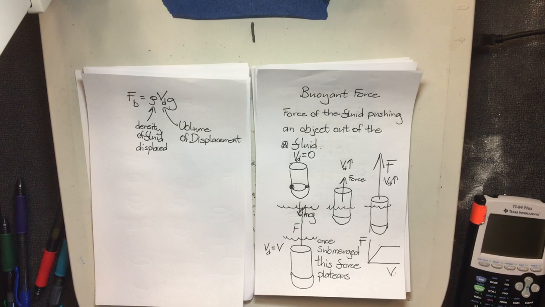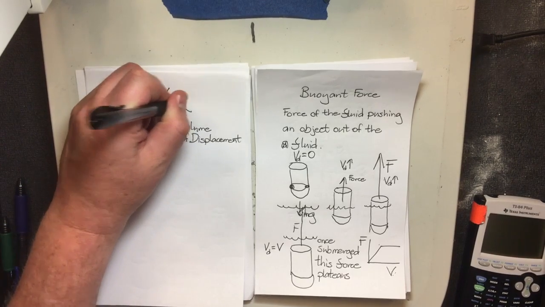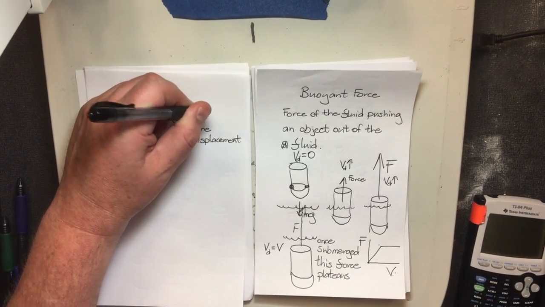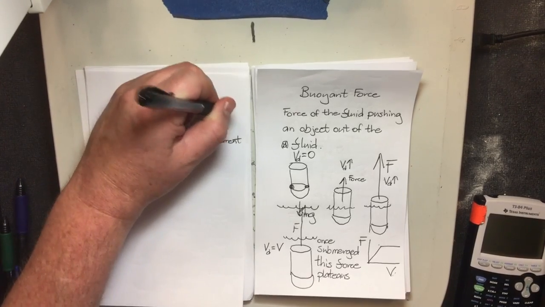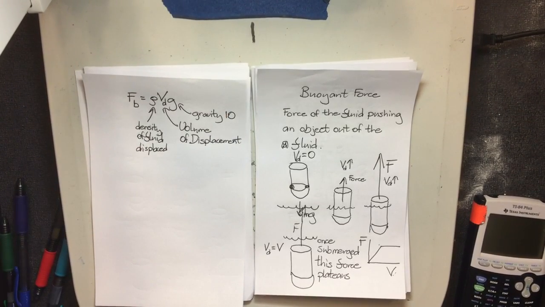So if you're dealing with a partial submersion, you have to know the volume of displacement. If it's completely submerged, then you can get away with knowing the total volume of the object. And then g is just gravity, 10 meters per second per second.